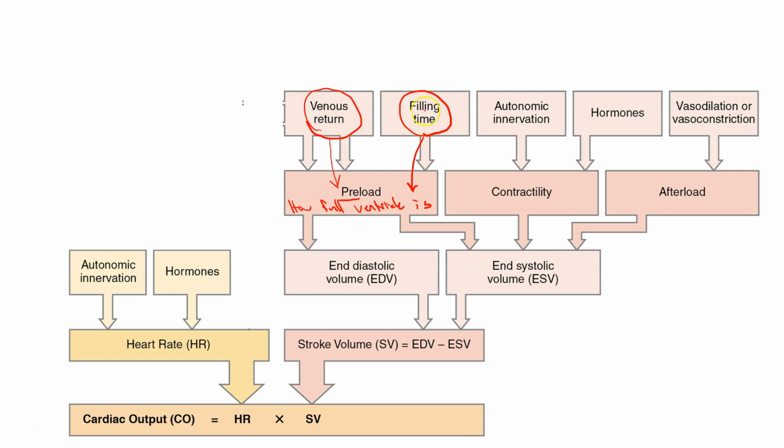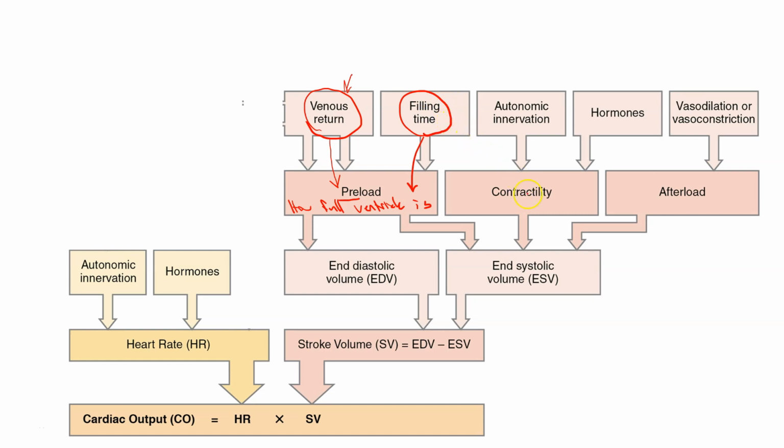So the time that's allowed, and also the rate, or how much blood flow is returning back to the atria, will change how full the ventricle becomes. Venous return can be affected by, if you're exercising and your muscles are squeezing, it's squishing that venous blood back into the heart. Filling time, again, is more determined by heart rate, so how long there is between the two cardiac cycles.